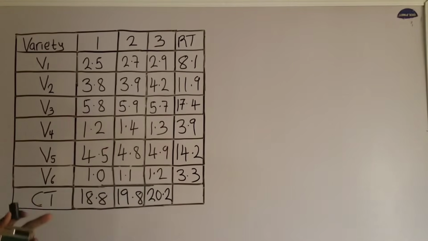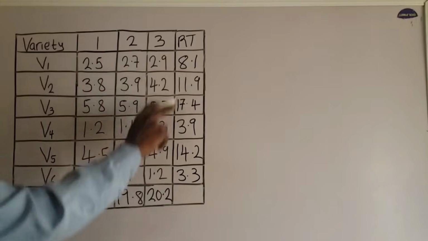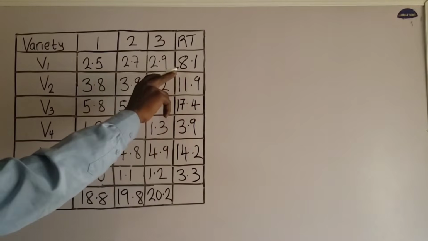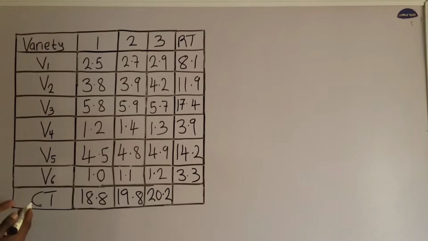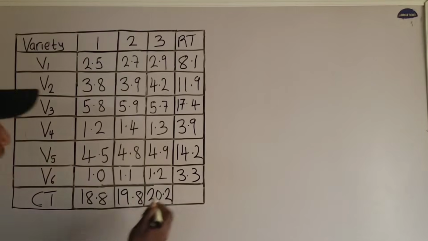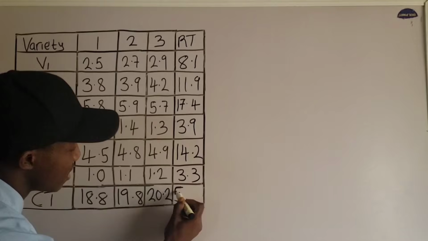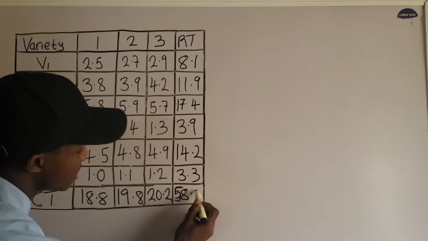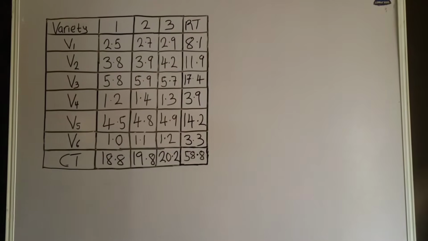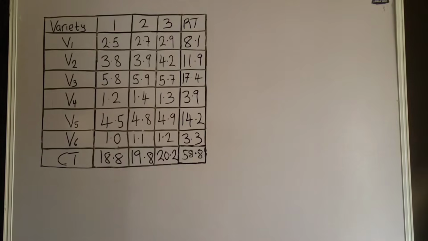After taking the row total and the column total, the next step is to check whether the summation of the values you got in the row total is equal to the summation of the values you got in the column total. When I calculate mine, I got 58.8.